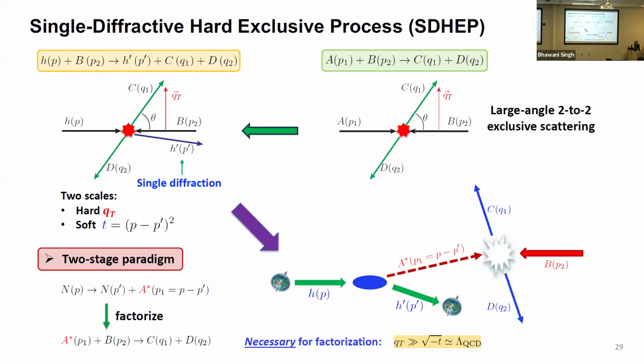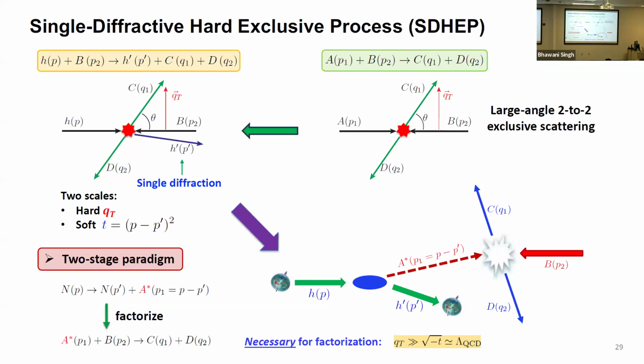So it moves almost on shell and happens at a long distance scale. Then it meets the other beam particle B, and participates in this hard interaction to produce the two hard particles C and D in the final state. This two-stage picture underlies everything I'm going to talk about in the following.